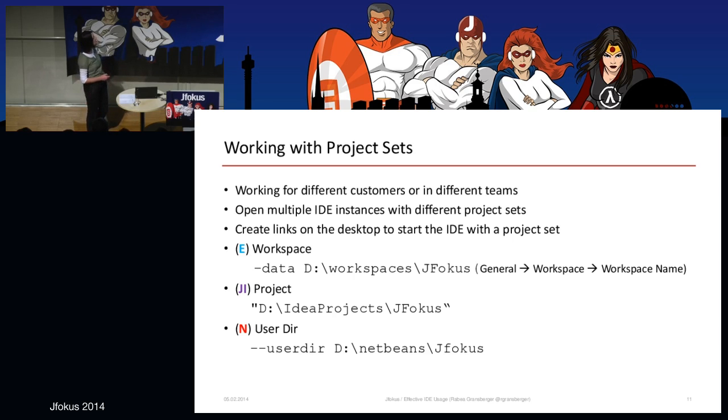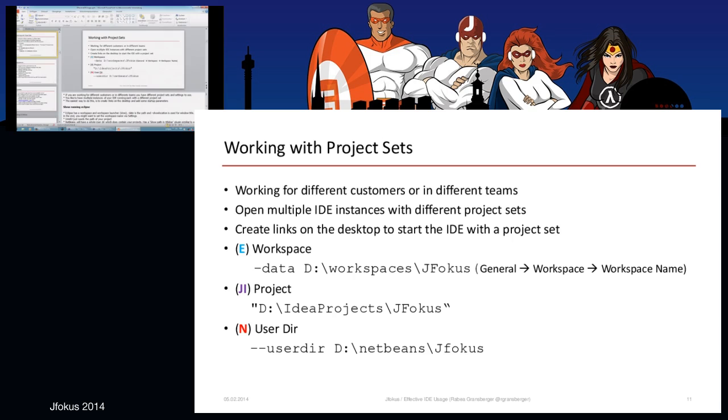And what I usually do is, let me quickly show it. I usually have a little folder here, so I can just start different Eclipse instances, for example here. Can you see it? Yeah, it's very small. So I have the JFocus and an instance for my user group, and I can just click them and start them from here directly.